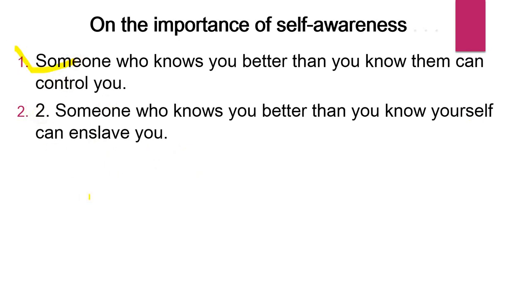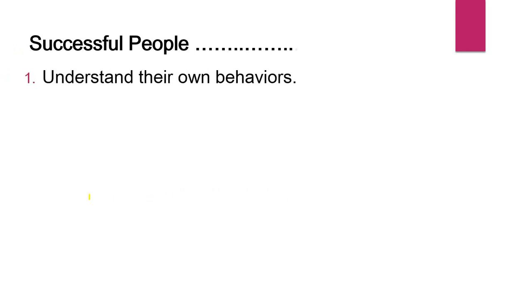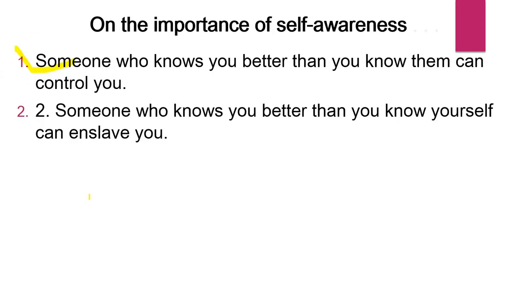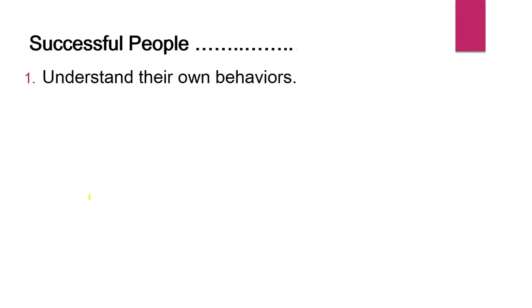And successful people, what do successful people do? They understand their own behavior. If you want to be a successful, responsible manager, or senior manager, whatever your position, to manage those remote sites, what do you have to follow? If you want to be successful for those sites, understand your own behavior.